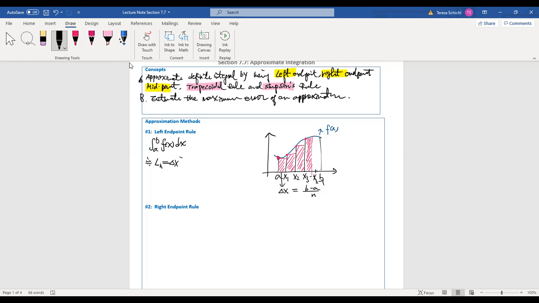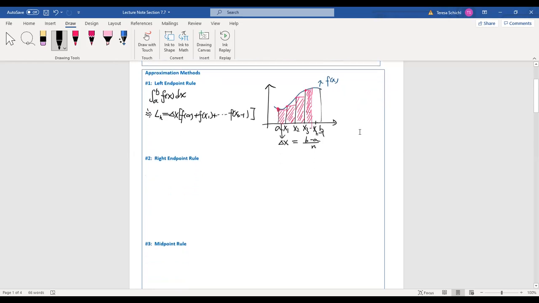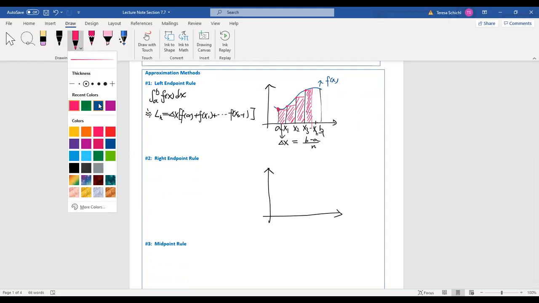The height of the first one is f of a, the second one is f of x1, and the last one will be f of xn minus 1, correct? We call this a left-hand approximation, and like I talked about before in the Riemann sum, we use this concept. It's a pretty easy concept to understand. It's kind of like a review.